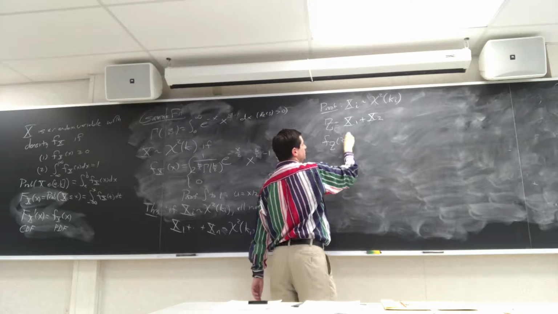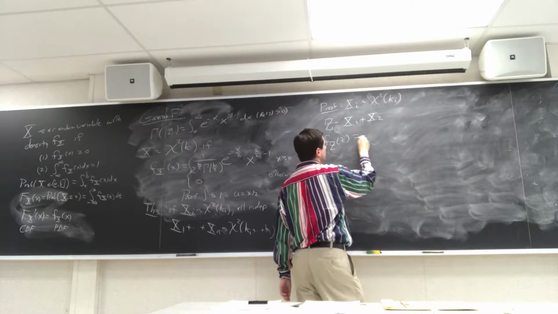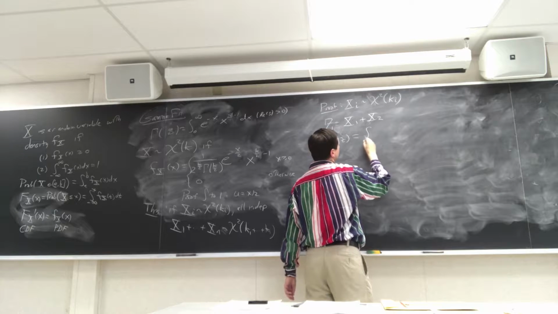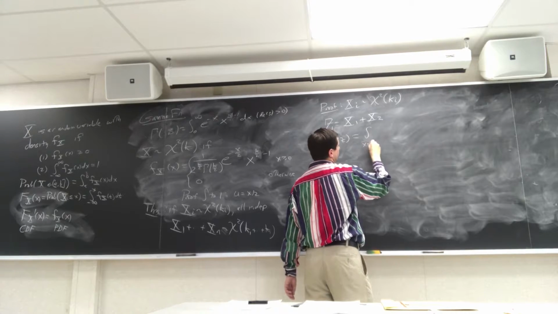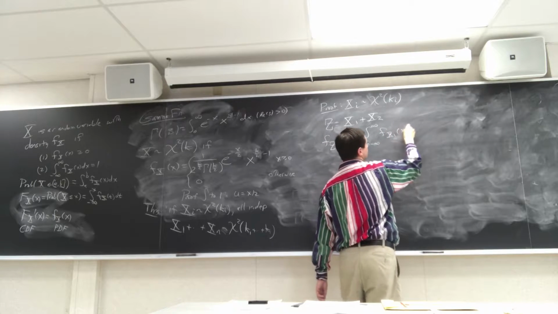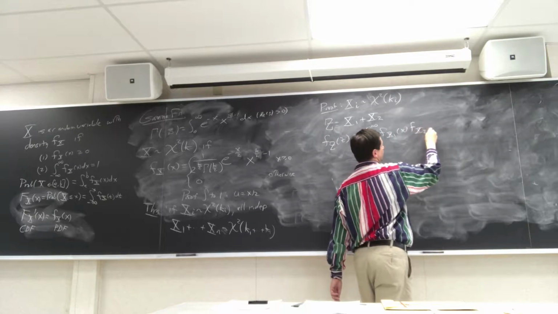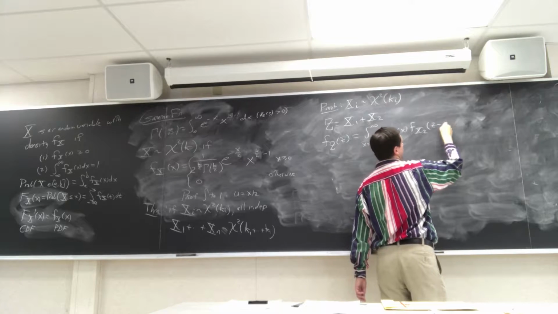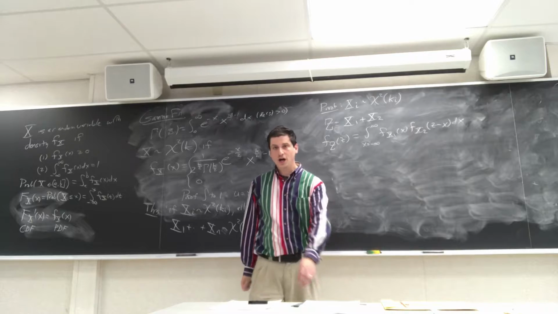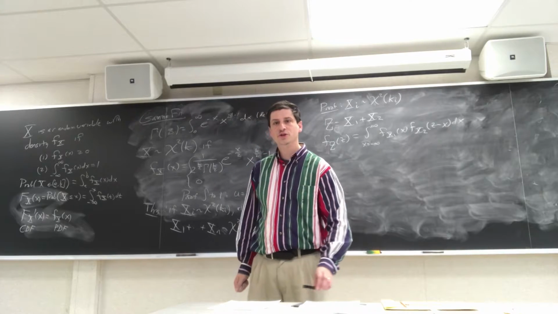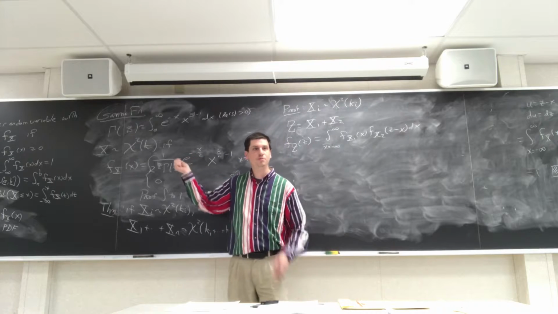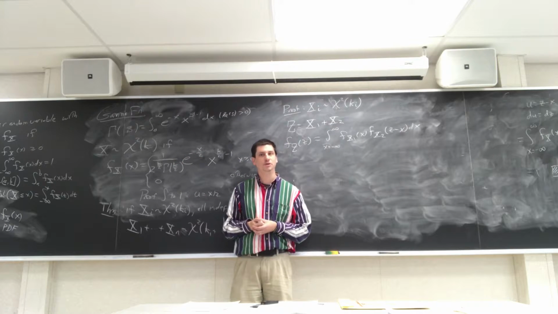So the density of Z is going to be the integral x goes from minus infinity to infinity of the density of the first one at x times the density of the second one at z minus x dx. All right, but we have a chi-squared random variable. So for a chi-squared random variable, what's the smallest input where the probability has a chance of not being 0?